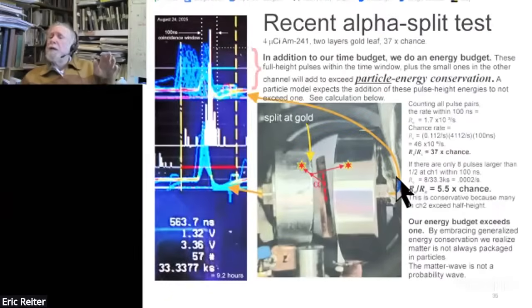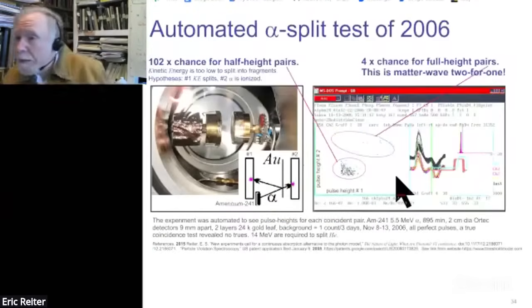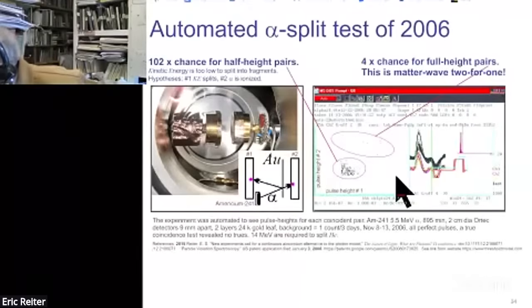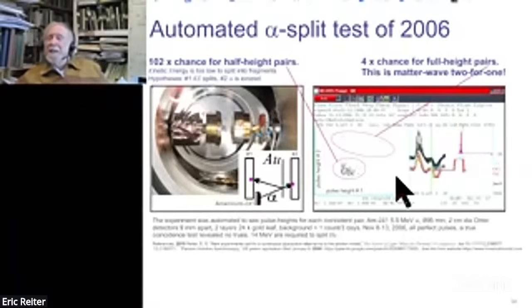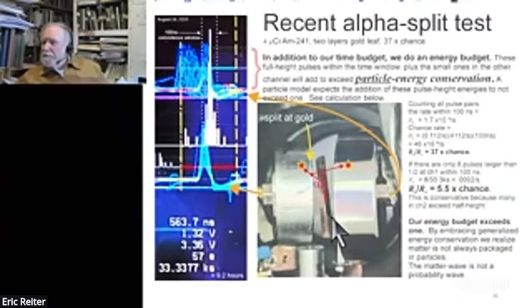I also found, when did I do that? 2006. So recently I returned to the alpha slit experiment. And you can see with the pulse heights just in the LeCroy screen that you could do better than an energy budget of 1.